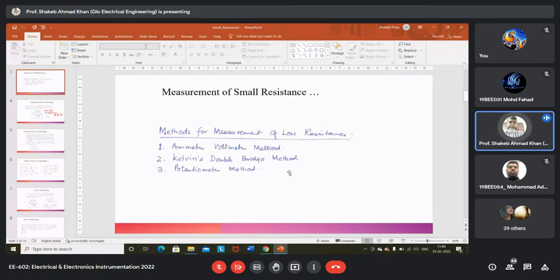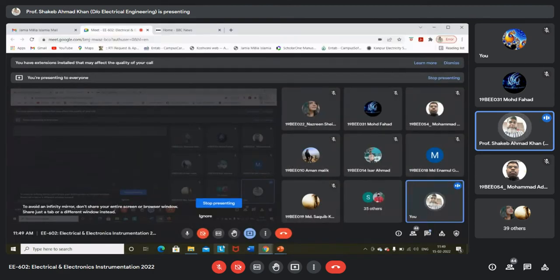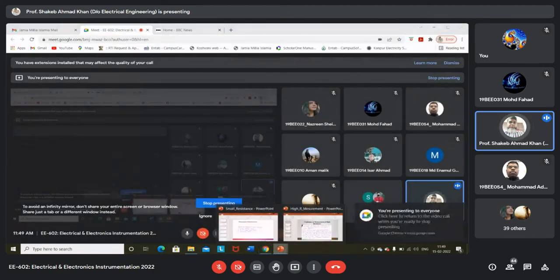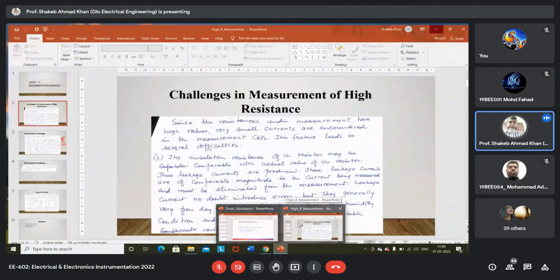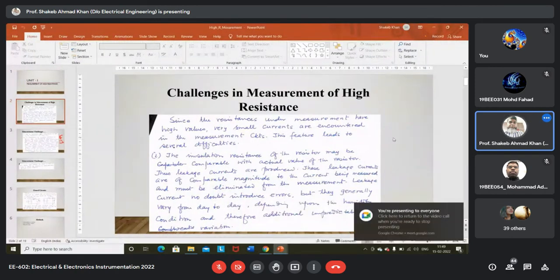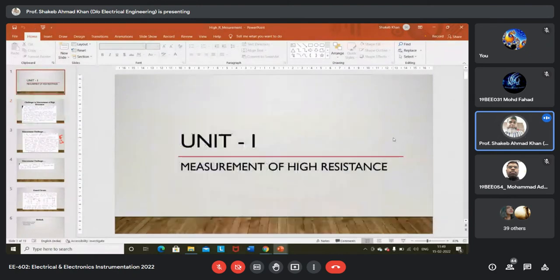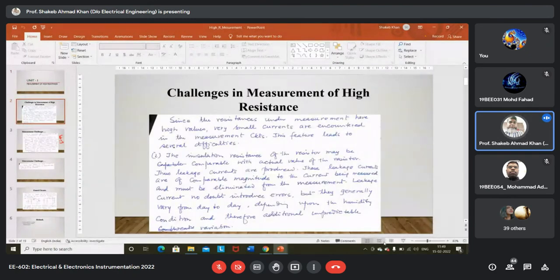Now I'm going to discuss the measurement of large resistance. First of all, we'll discuss the challenges in measurement of high resistance value, and then we'll discuss different methods which are used for measurement of large resistance.